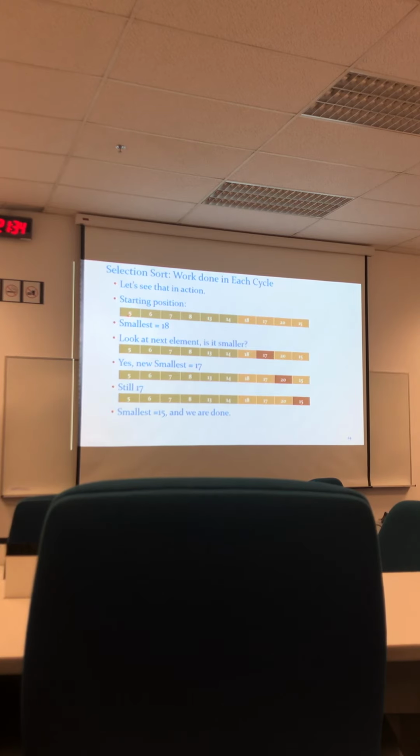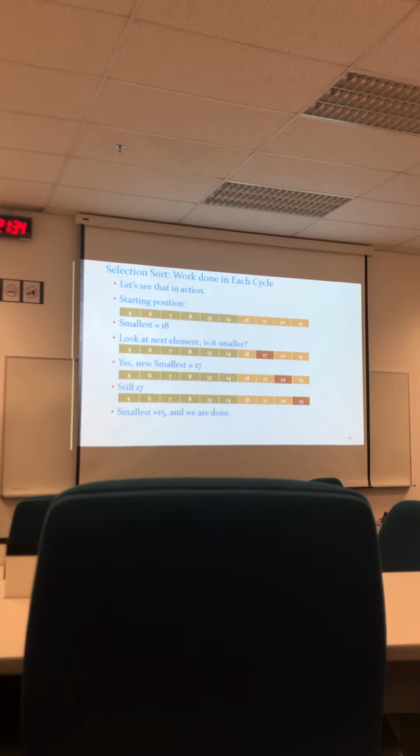So in the first step, how many comparisons do you have to do in order to find the smallest? In the first step, the whole array is unsorted, right? It's altogether 10 elements. You always set the smallest to the first element, then after that, you compare the current smallest with the rest of the elements, right? So how many comparisons do you have to do for the first step? 8.